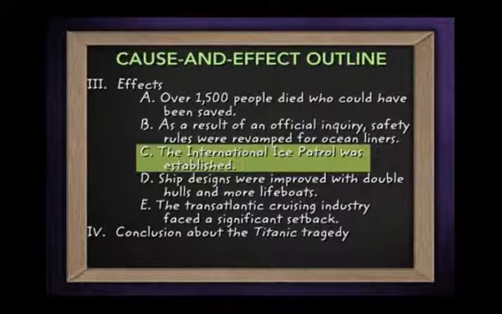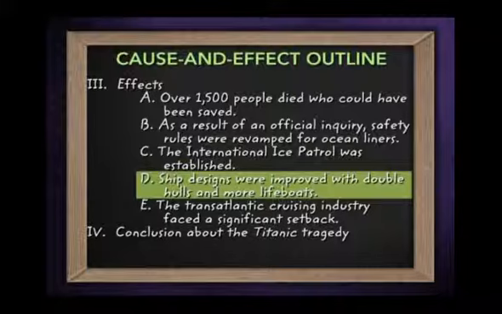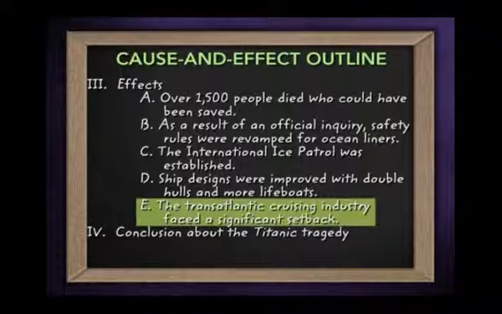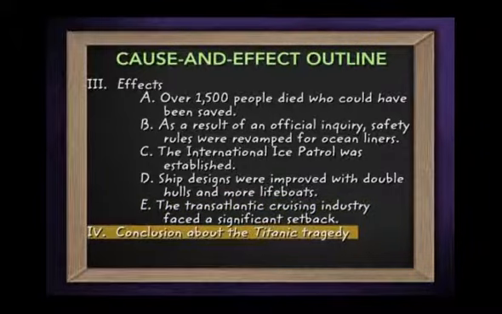C, the International Ice Patrol was established. D, ship designs were improved with double hulls and more lifeboats. E, the transatlantic cruising industry faced a significant setback. And then I would conclude about the Titanic tragedy.